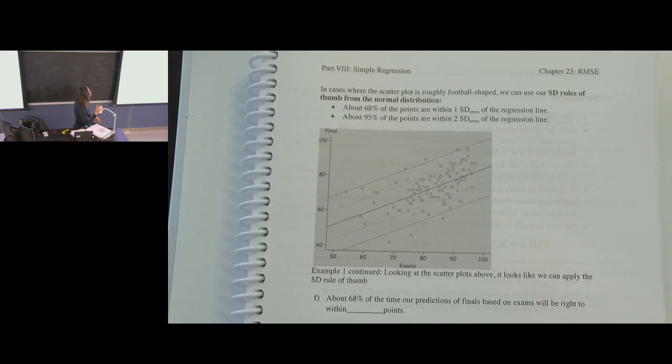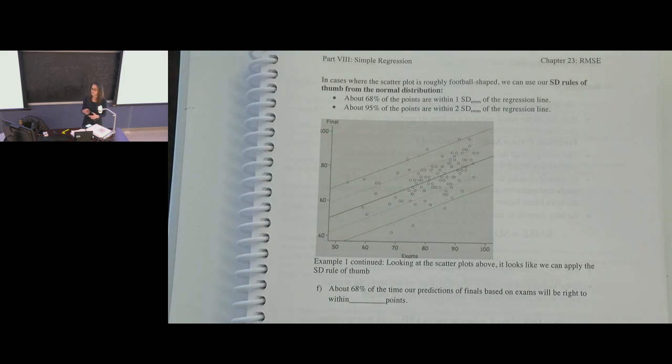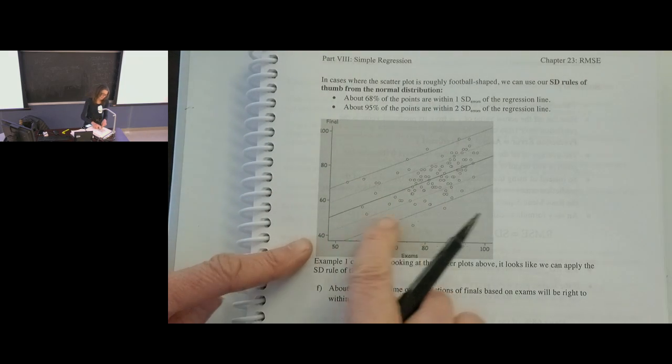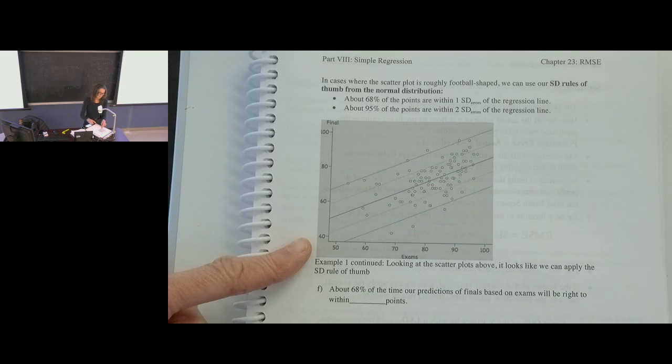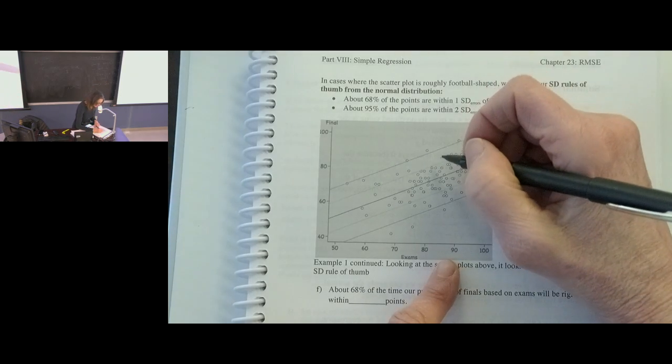All right, let's look at this. Now, sometimes if you have a scatter plot that has sort of an elliptical shape, then we can use the fact that there's basically a normal distribution of these errors within any vertical strip. So for example, like we were looking at people who got a 90.